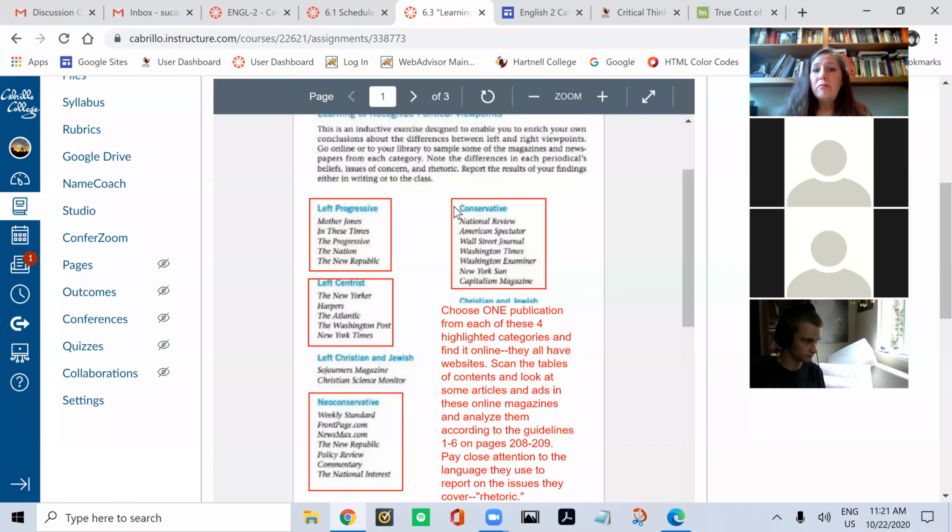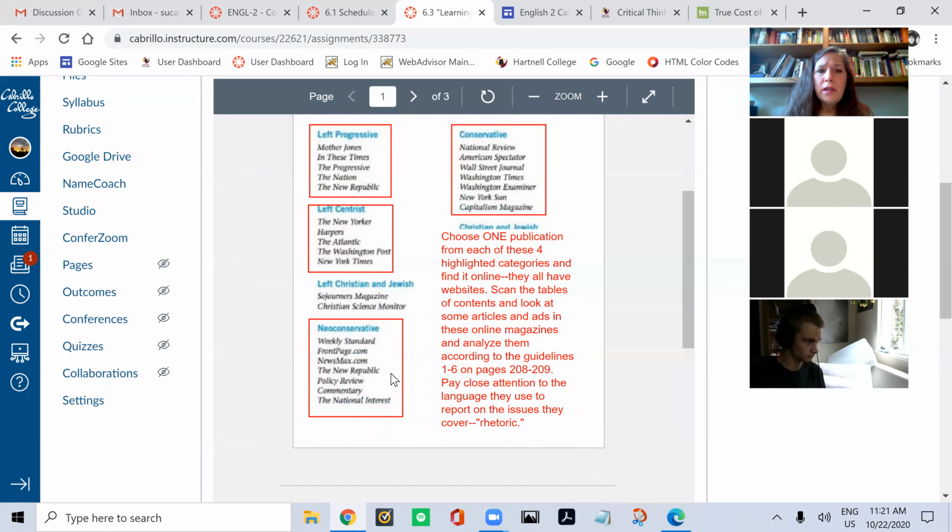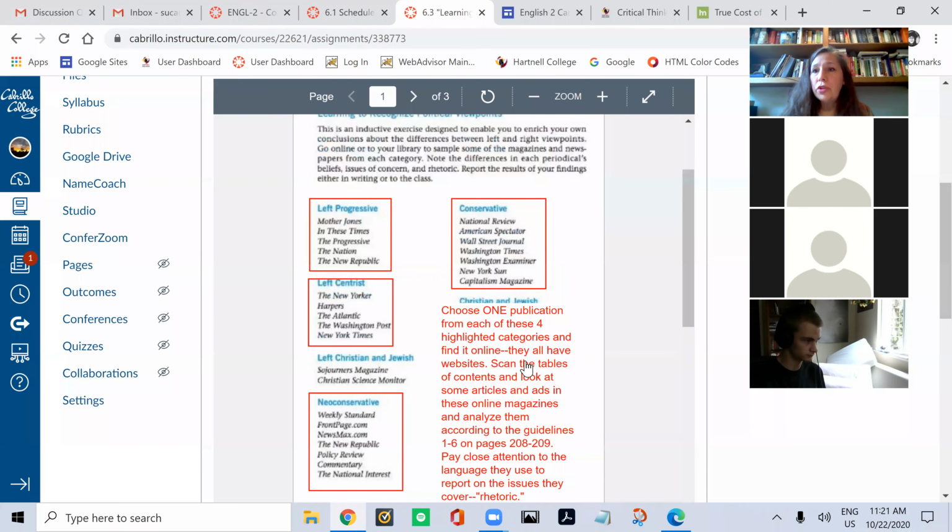And then mid-range conservative, you've got the National Review, American Spectator, which I don't think is in publication anymore. I think they went out of business. And then to the right of that, you've got neoconservative: Weekly Standard, Frontpage. So these are national news magazines.